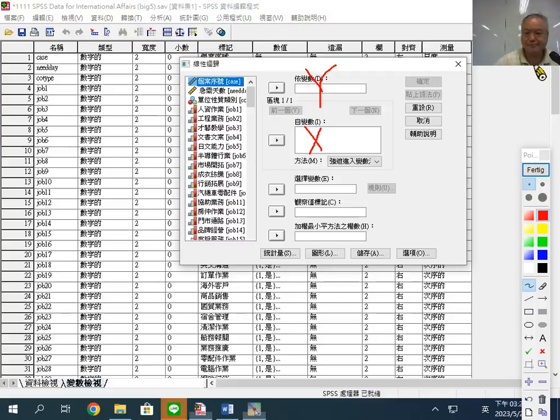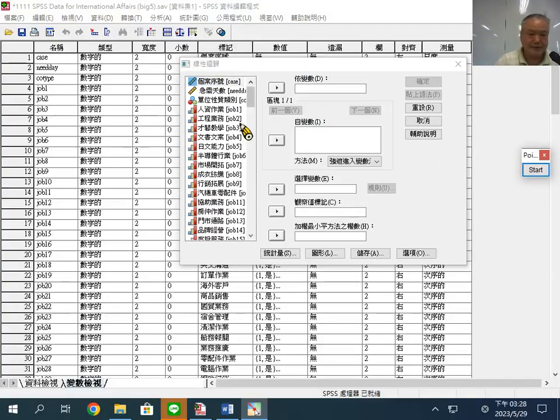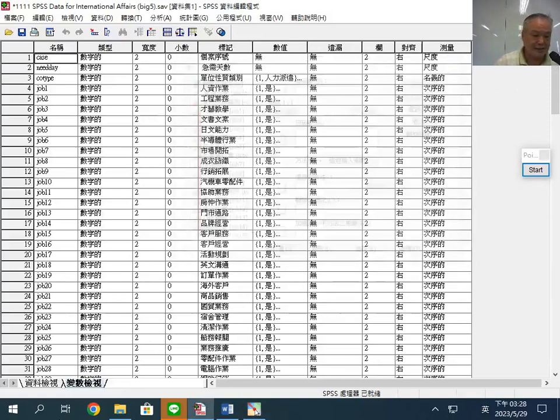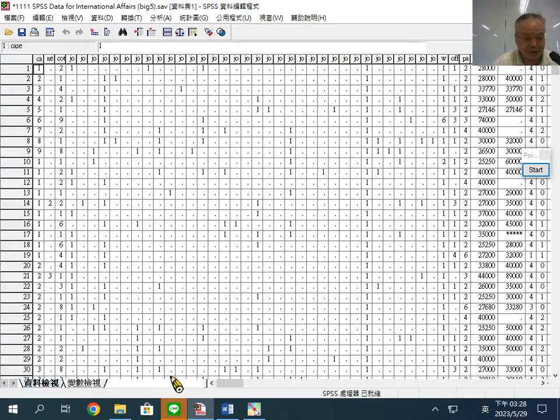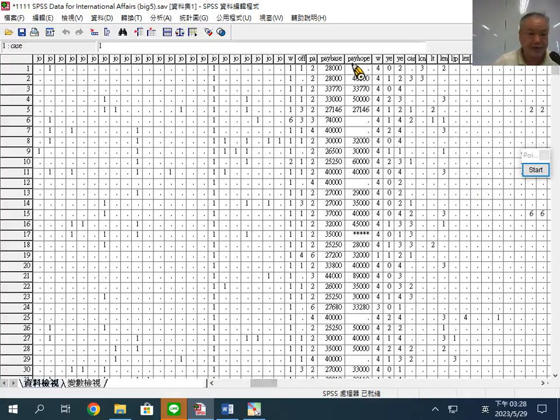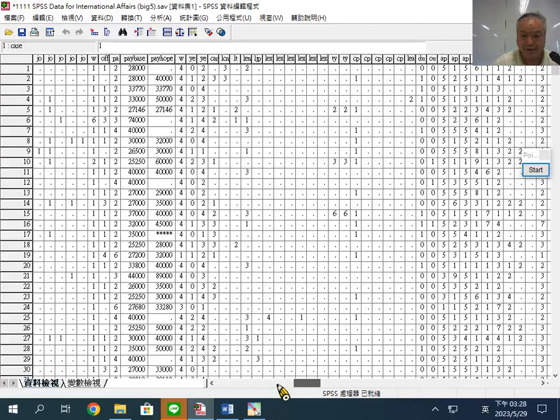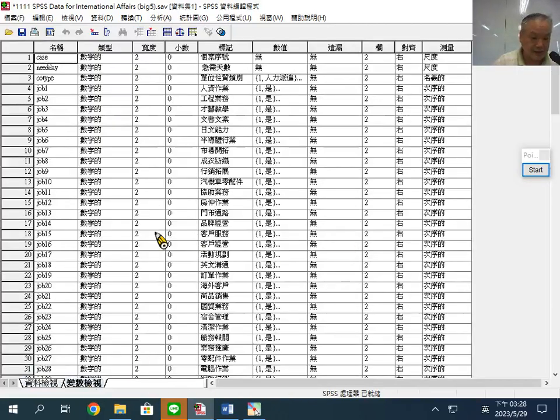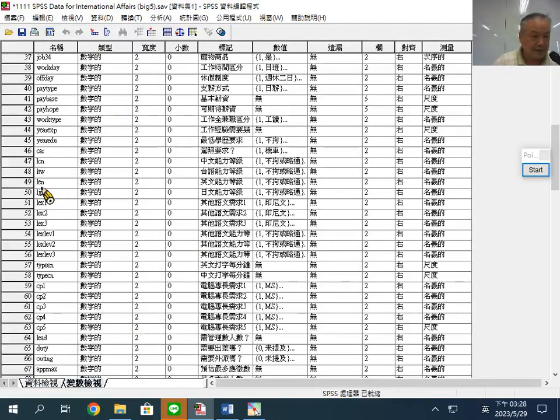So now, let's do a little bit. So we can just go there. Let me go to check the pay base. Okay, English. Here we have this one, the English proficiency level.